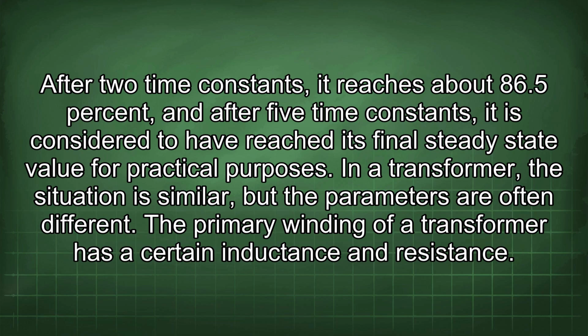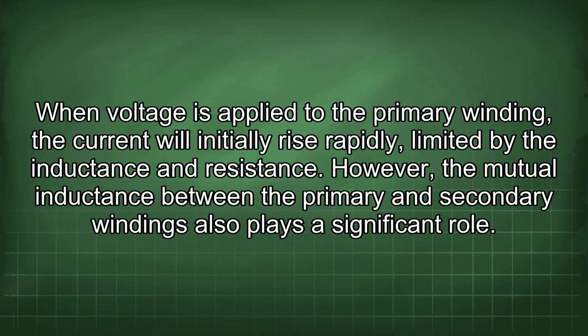In a transformer, the situation is similar, but the parameters are often different. The primary winding of a transformer has a certain inductance and resistance. When voltage is applied to the primary winding, the current will initially rise rapidly, limited by the inductance and resistance. However, the mutual inductance between the primary and secondary windings also plays a significant role.